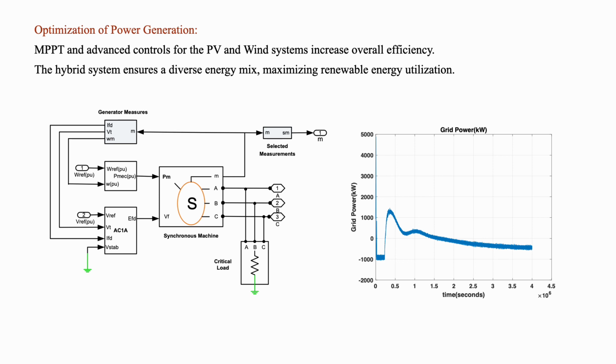So for optimizing power generation, MPPT and advanced controllers for PV and wind systems increase overall efficiency. The hybrid system ensured a diverse energy mix and maximized renewable energy utilization. And in this figure we can see the synchronous machine and how it is connected, and the output of the grid power is discussed in the graph.